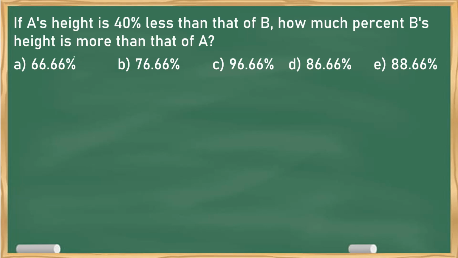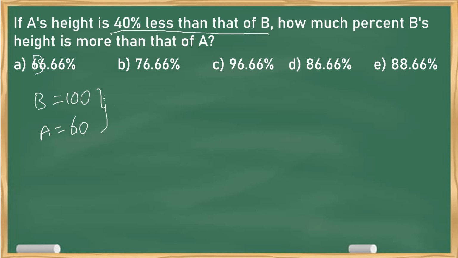Now next, A's height is 40% less than that of B. So here B should be considered as 100 and A becomes how much? 60. Now think about this one again.